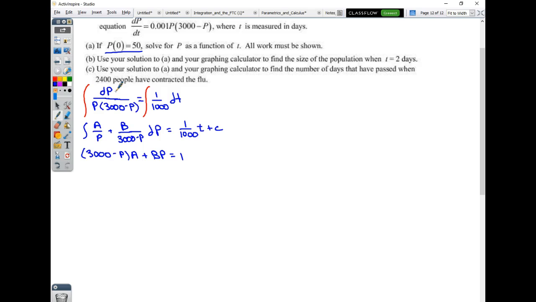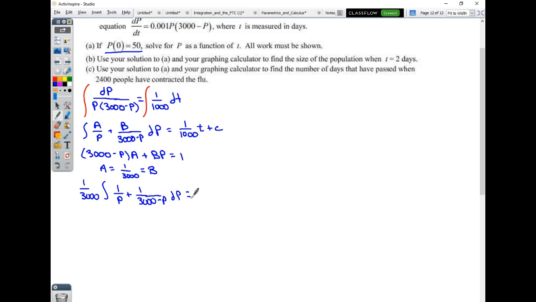We can solve this and find that A is going to be 1 over 3000, which also happens to be the B term. So I can rewrite the left side as 1/3000 of the integral of 1 over P plus 1 over (3000 minus P) dP, equal to the same thing on this side.